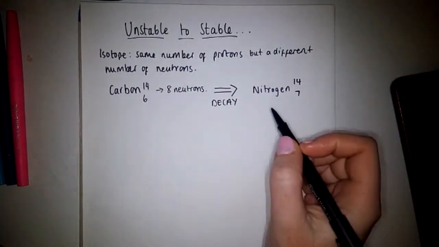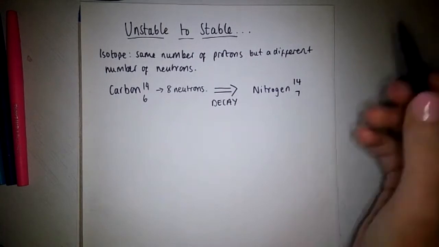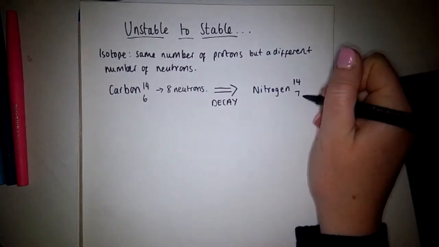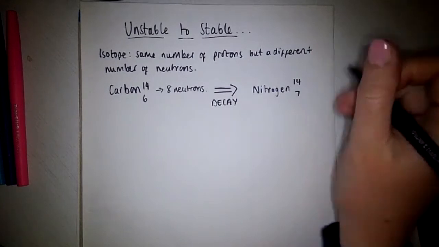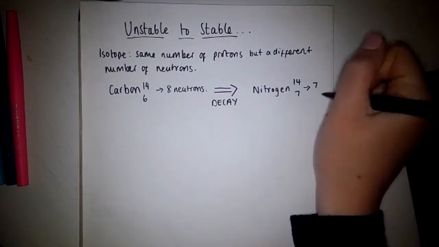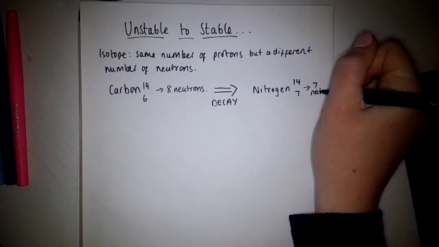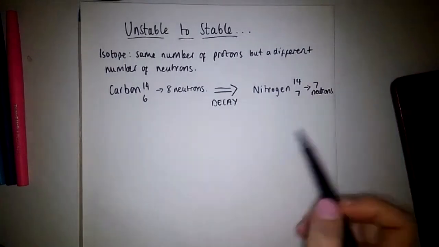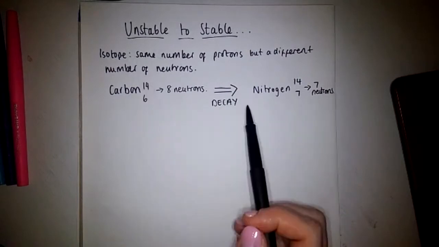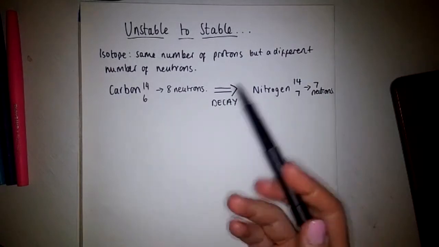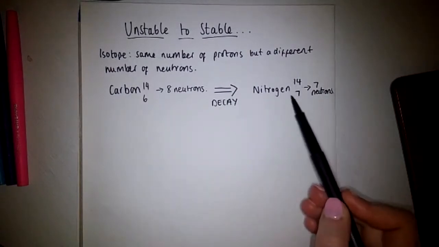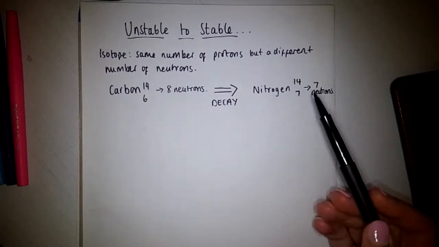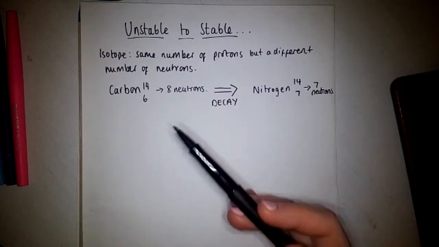But in the process, we've also lost a neutron, because if you do the maths, we've gone from a mass of 14, 7 protons, subtract the 2 numbers, 7 neutrons. So something's definitely happened here. Something has been lost, something else has been created. We've created a proton, but we've lost a neutron.